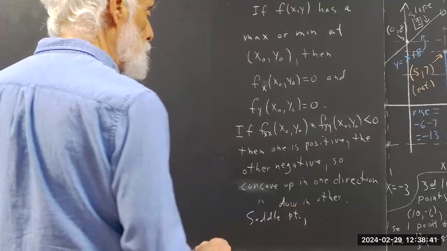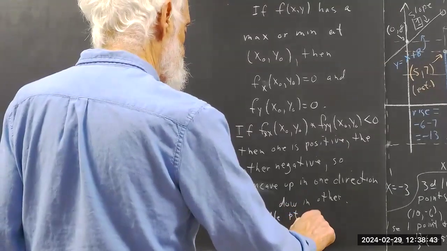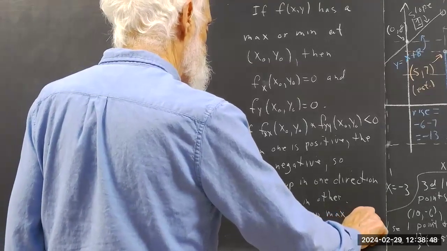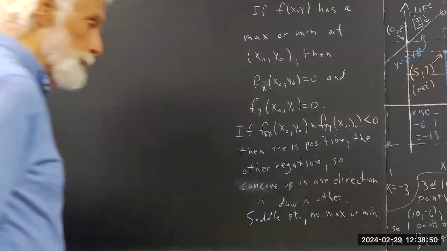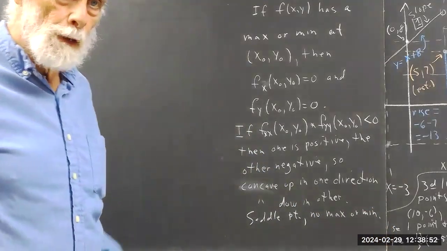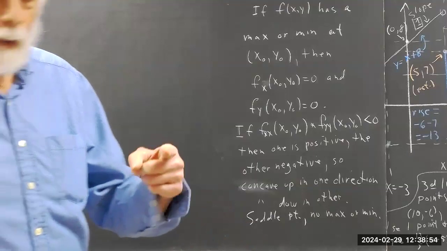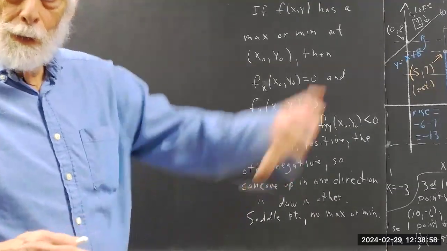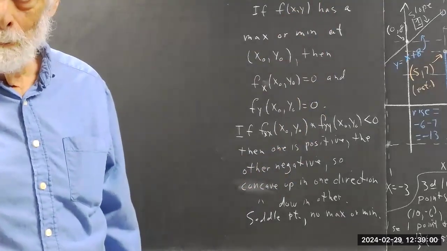That gives you a saddle point, not a max or min. On a saddle point, you go in one direction, you're going down, go in the other direction, you're going up. Okay.